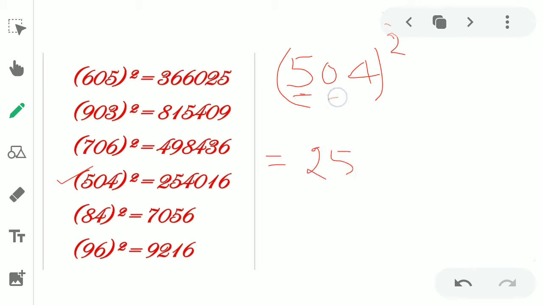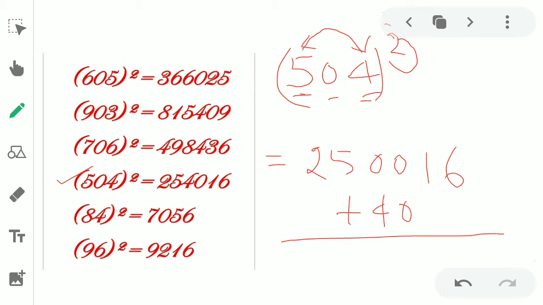Square of 0, which is 0, but we write in 2 digits, 00. Square of 4, which is 16, we write it here. Then we multiply these 2 digits, 5 multiplied by 4, which is 20. We will double it, which is 40. We add it to the middle part. Then we will get 254016, which is the answer.